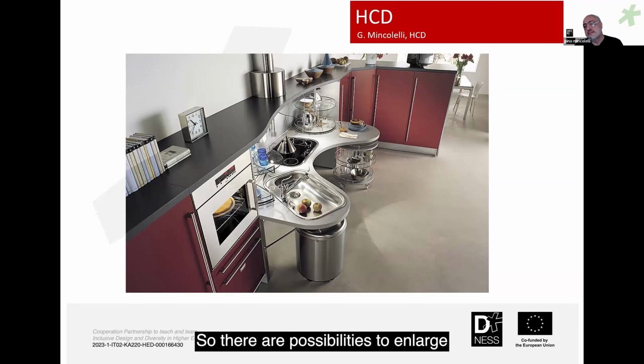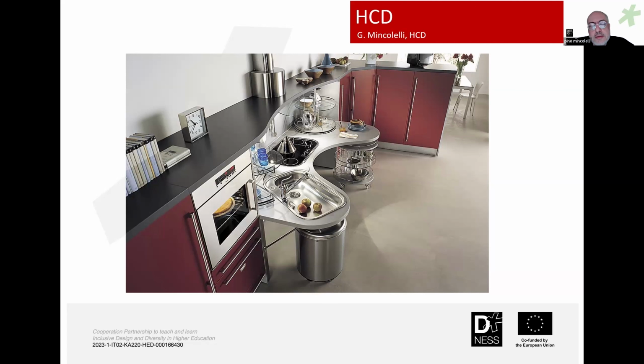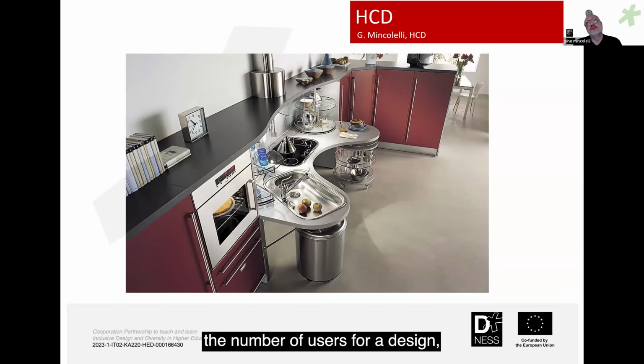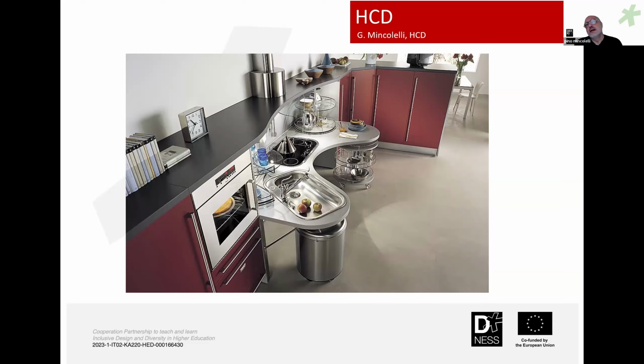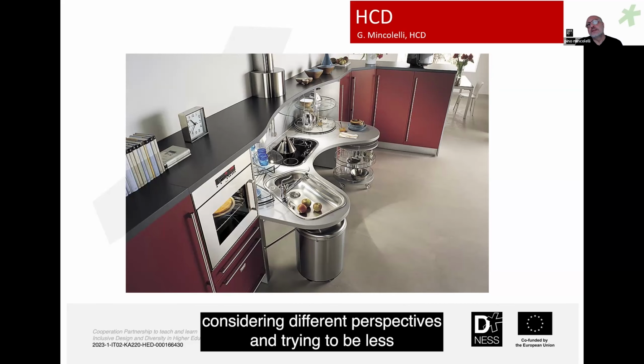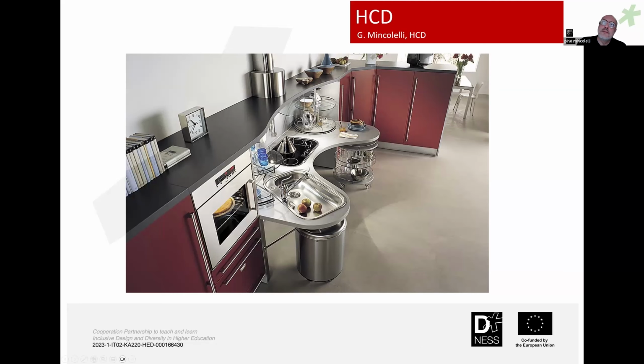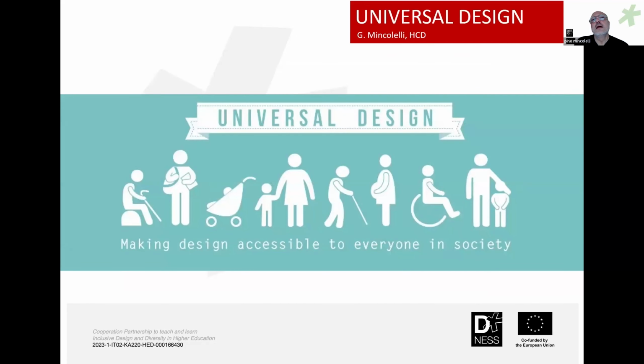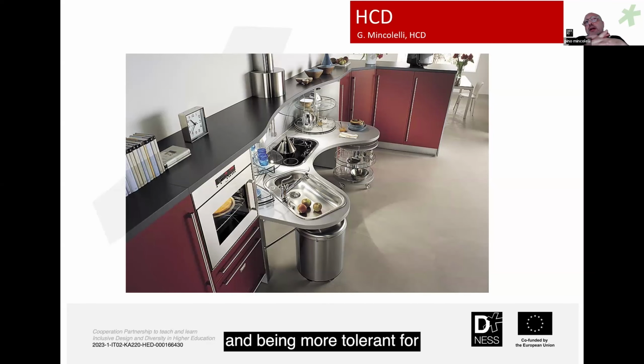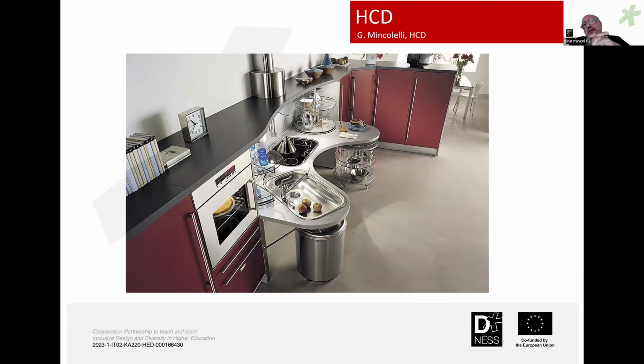So there are possibilities to enlarge the base of users for a design, considering different perspectives and trying to be less demanding on physical, cultural and cognitive ability, and being more tolerant of the weaknesses of the users.